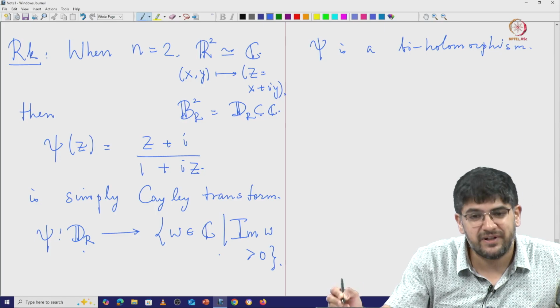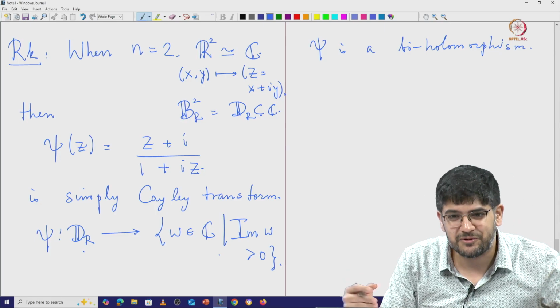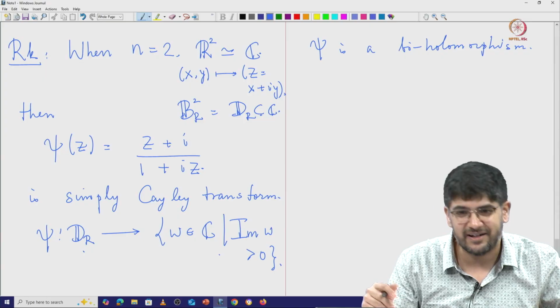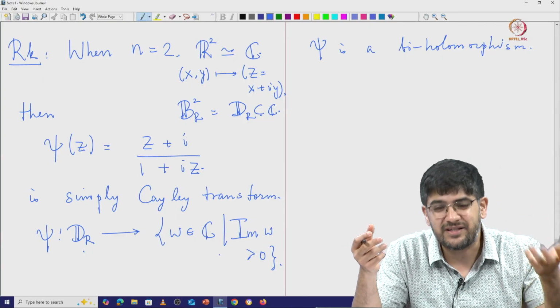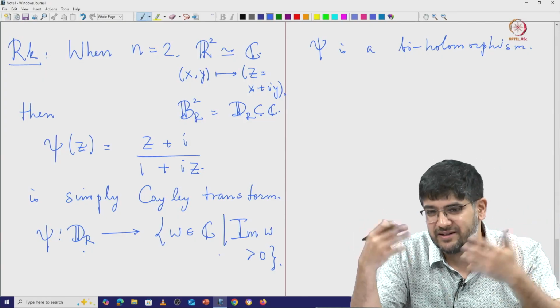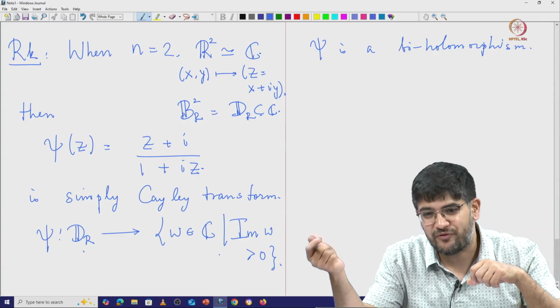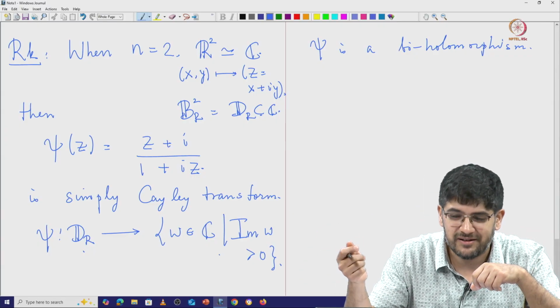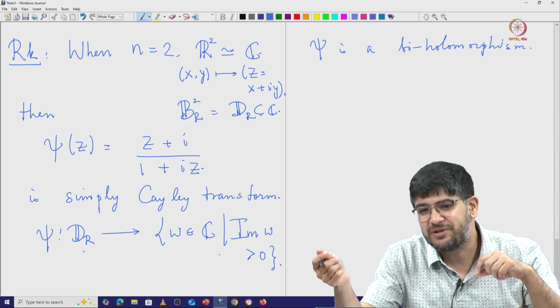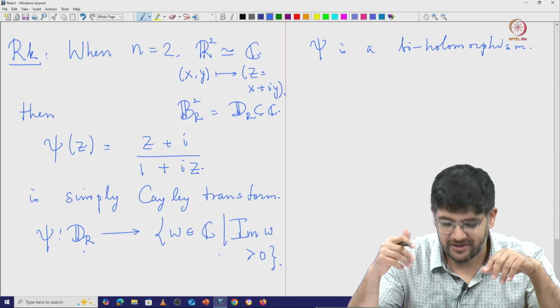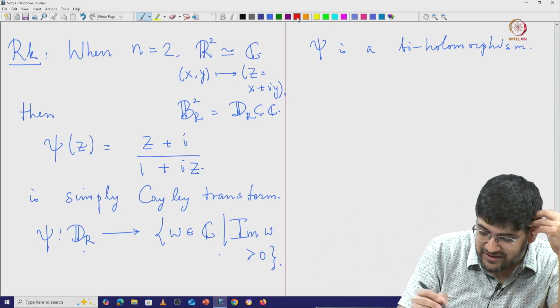So this is something that we study in any basic course in complex analysis, that an open disk, say a unit disk, is biholomorphic to the upper half plane, right, and the biholomorphism is given by something called the Cayley transform, and this is precisely the Cayley transform.